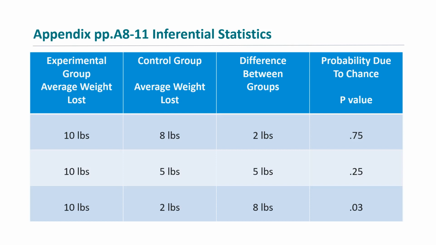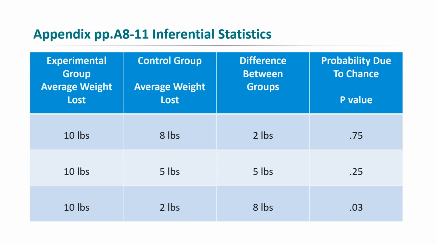So when I put these numbers in, and it's more complicated than just these three numbers, the statistics look at the numbers from every single subject. But when I put the numbers in, let's say I arrive at a p-value of 0.75. The p-value is always going to be a decimal value, and it represents the probability of getting a 2 pound difference, whatever the difference was between the groups, in this case, 2 pounds.